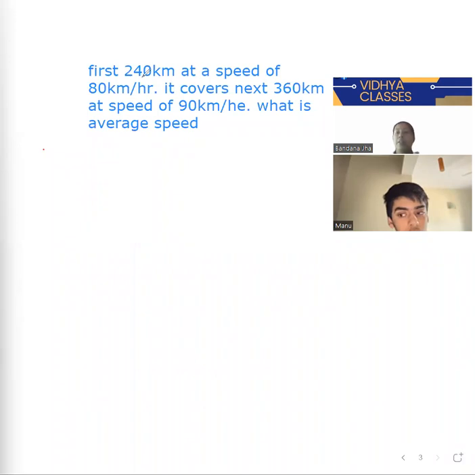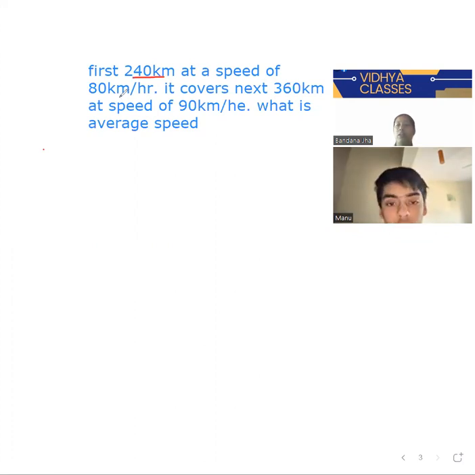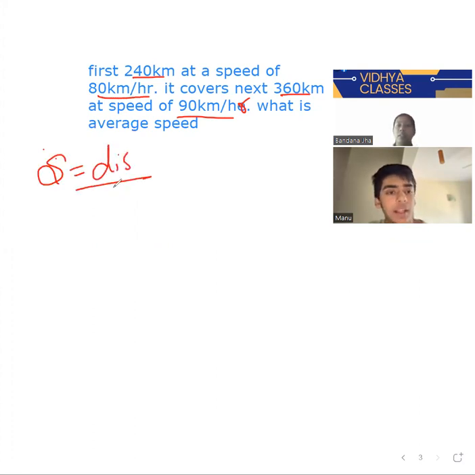See, first is 240 kilometer at the speed of 80 kilometer per hour. It covers 360 kilometer at 90 kilometer per hour. But we don't know the time. So first we have to find out the time. I did 240 divided by 80.